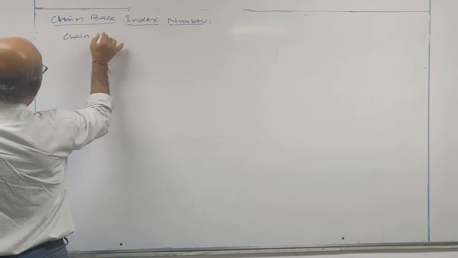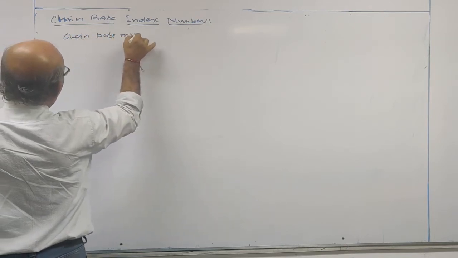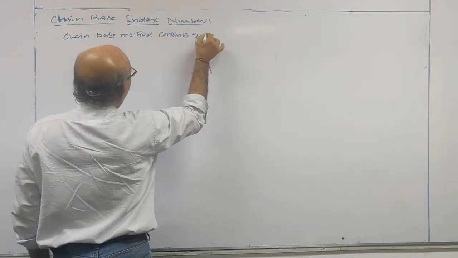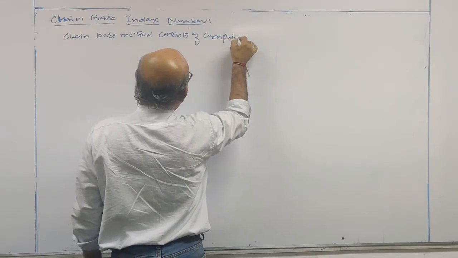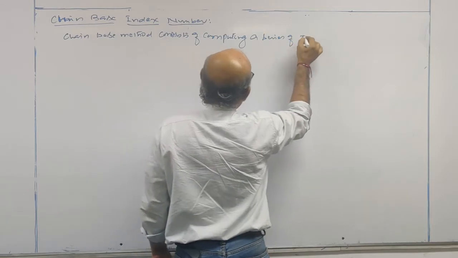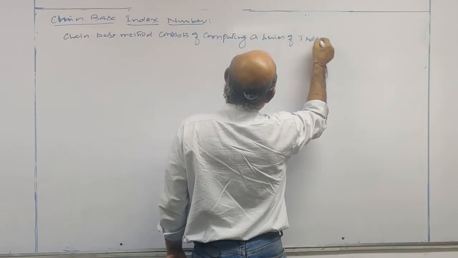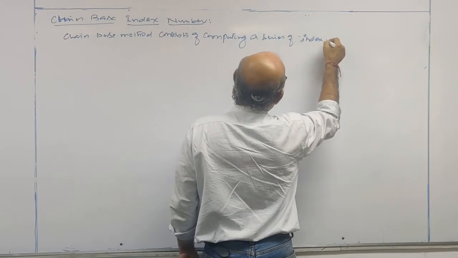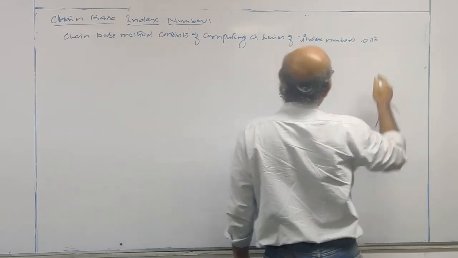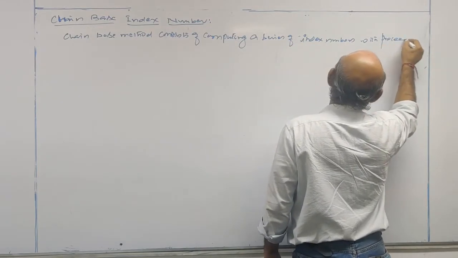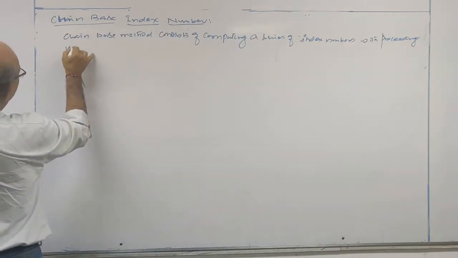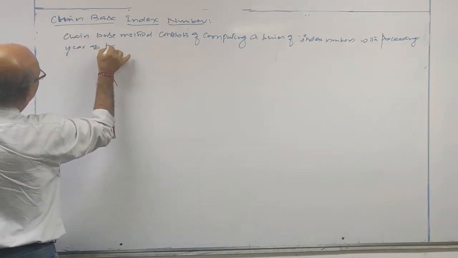Chain based method consists of computing a series of index numbers with the preceding year as base year.